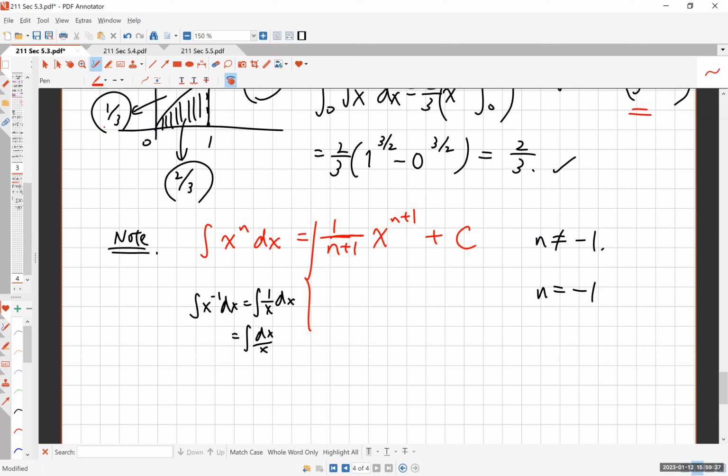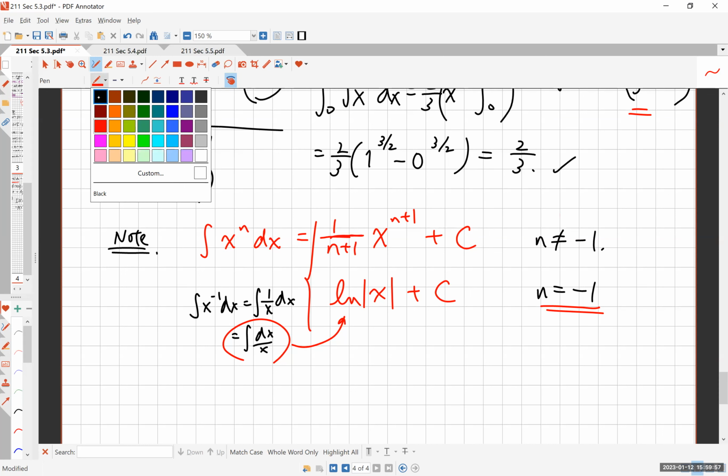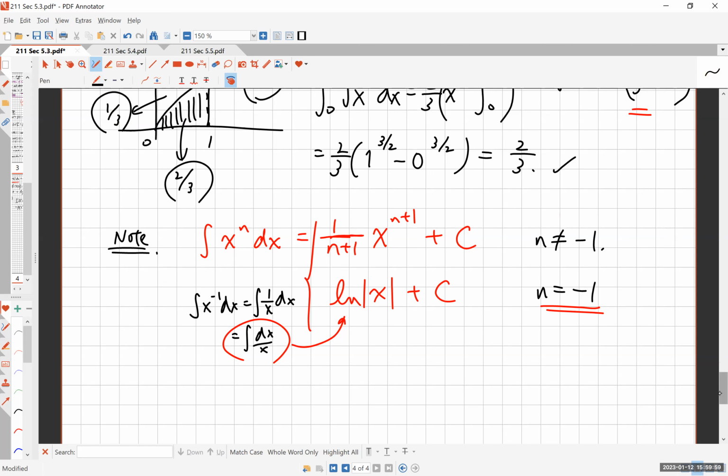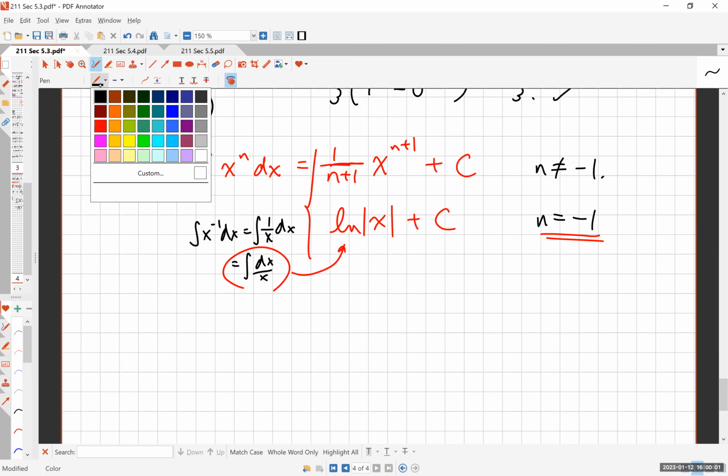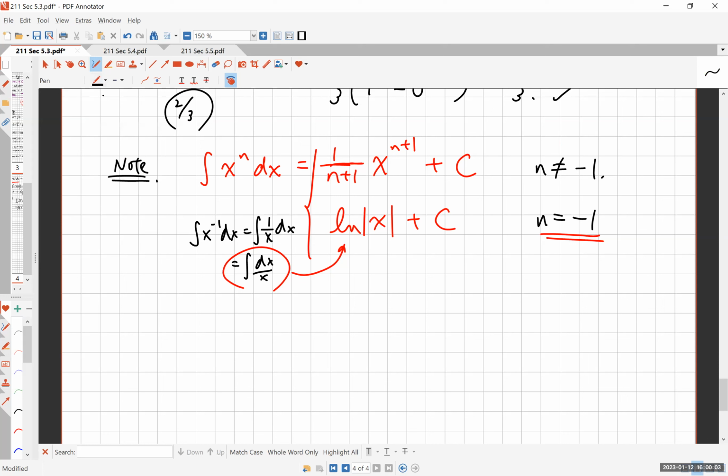And if you remember, it was more than that. It's natural log of the absolute value of x plus c when n is equal to -1. And so this turns out to be this. Okay, now we covered every exponent. We can integrate x to any exponent, and we know the answer to that.